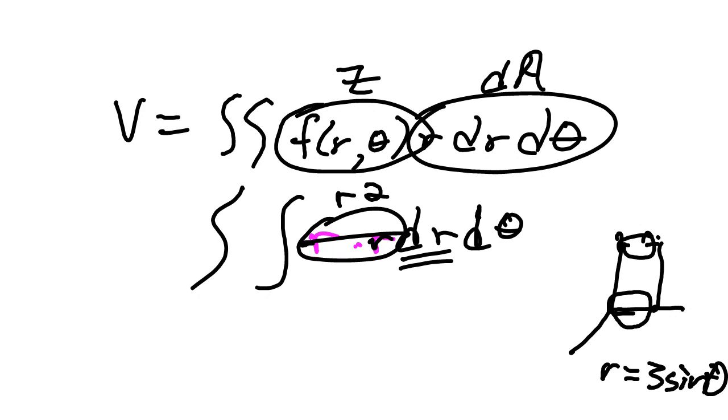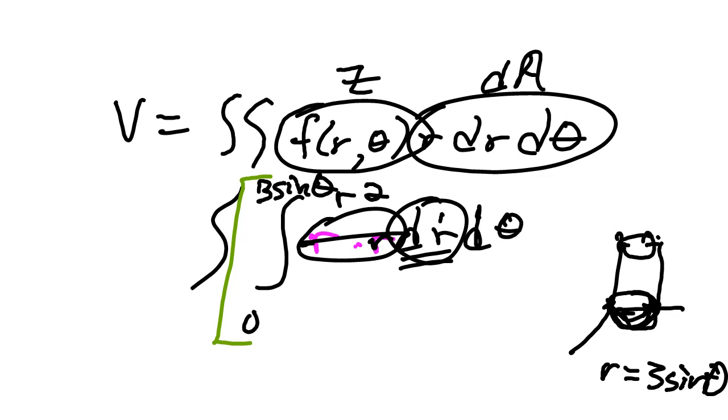So it starts at 0, goes out to 3 sine theta. So 0 to 3 sine theta would be what r can range from. So that's the dr, and we would do that first.